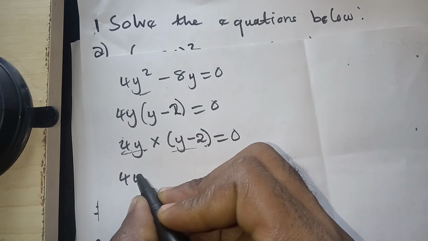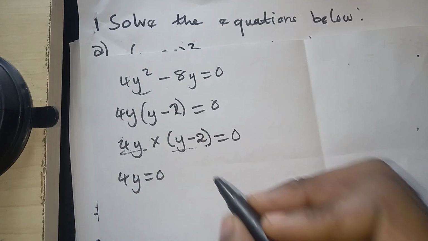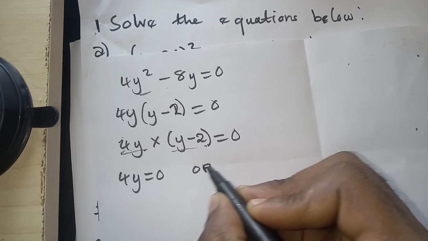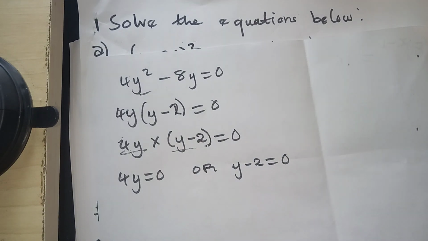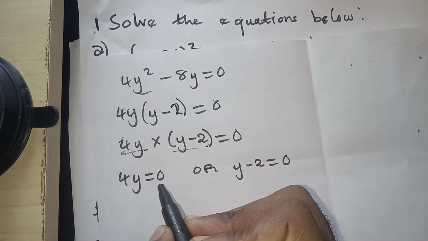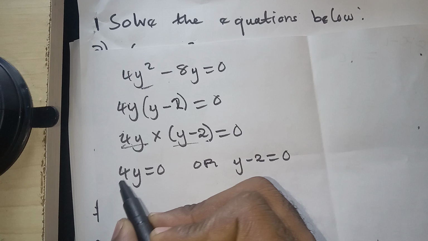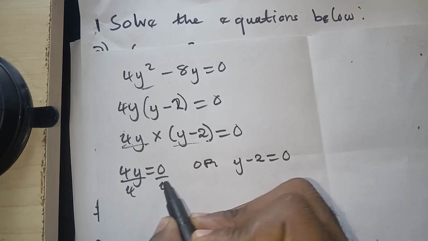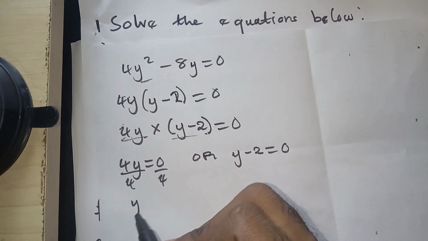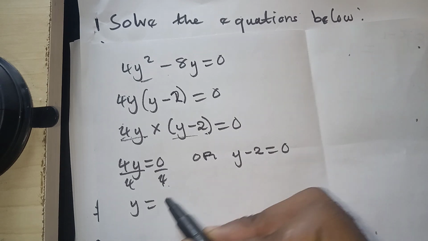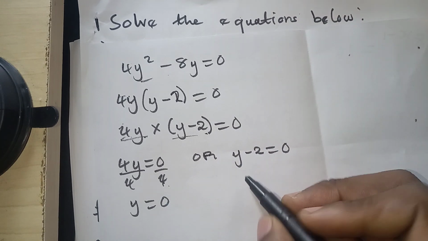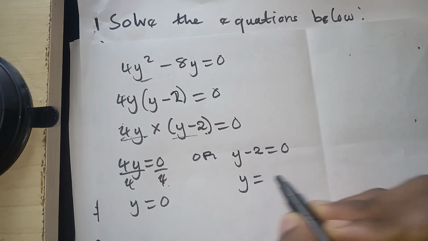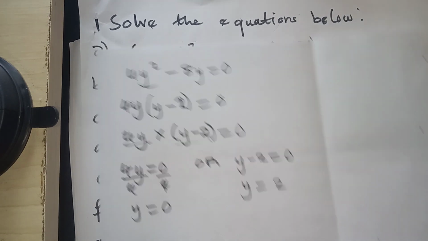So 4y is equal to 0, or y minus 2 is equal to 0. From here, we can easily solve for y by dividing both sides by 4. So y will be 4 into 0 is 0. Then this side, you can just take the 2 to the other side, so that y is equal to 2.